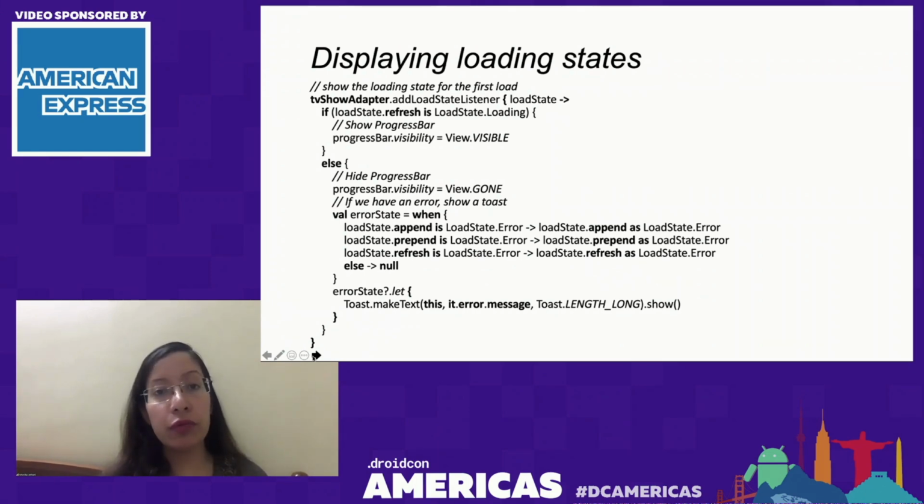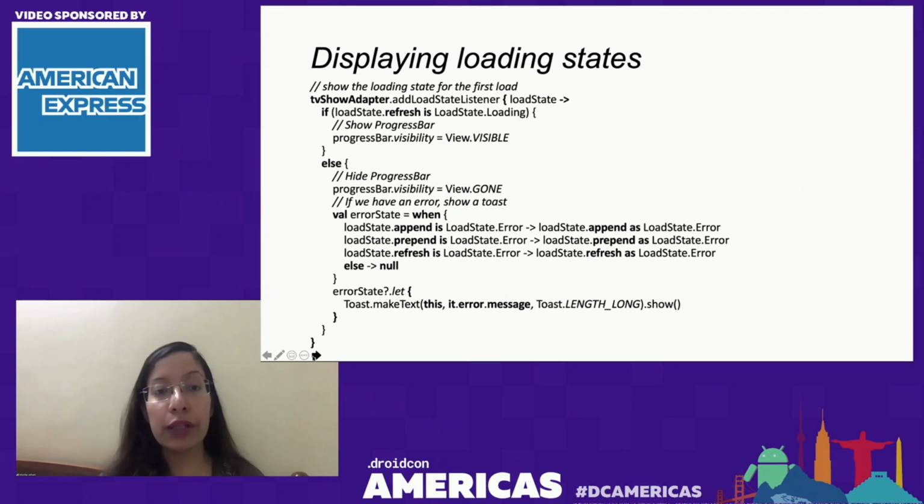So now, moving on to displaying loading states. In the demo I showed, when the app loads the first time, we have the initial load. We can achieve that in Paging 3 with the help of the load state listener. Here we attach the load state listener to our adapter, and then we check if the load state refresh is loading. If so, we make the progress bar visible.